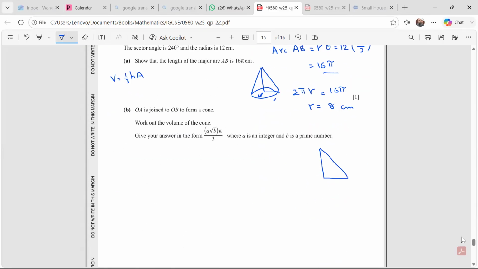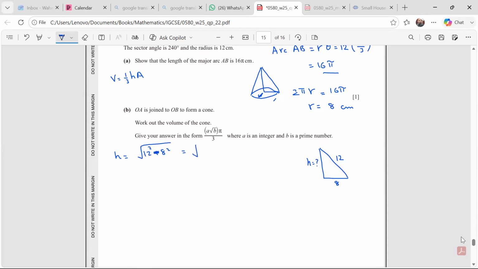So this is 12. And we just found that the radius of the circle is 8. So can you find this h? Okay, h is equal to under the root 12 square minus 8 square.